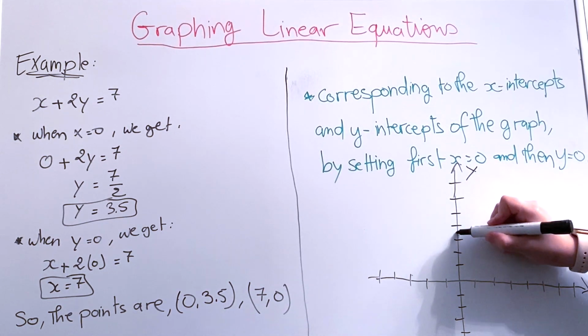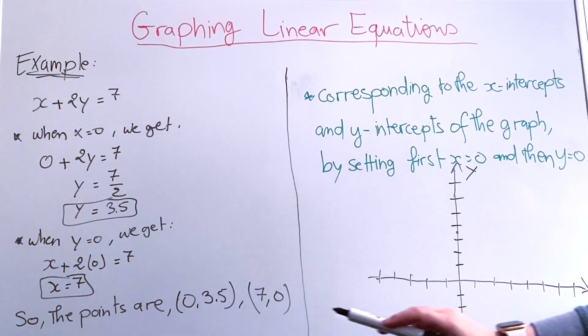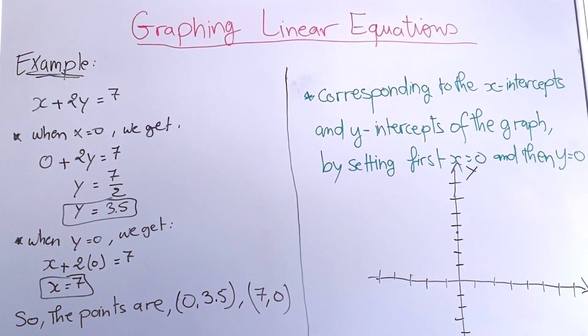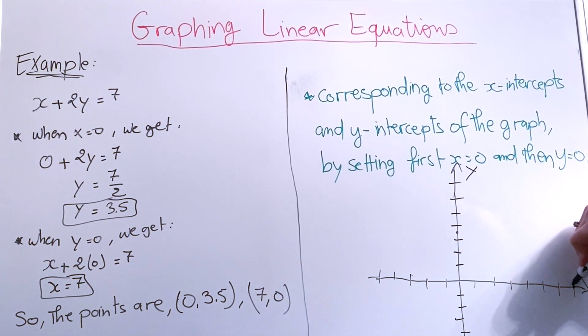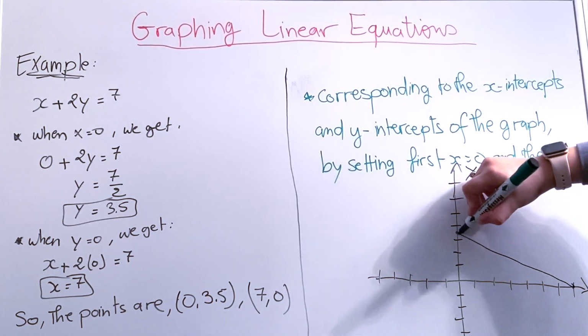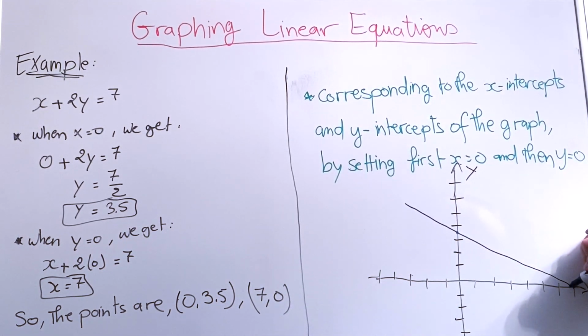So here's the first one, and then we have x equal to 7 and y equal to 0. So the line, we're gonna connect the points now. So now we have the linear equation x plus 2y equal to 7.